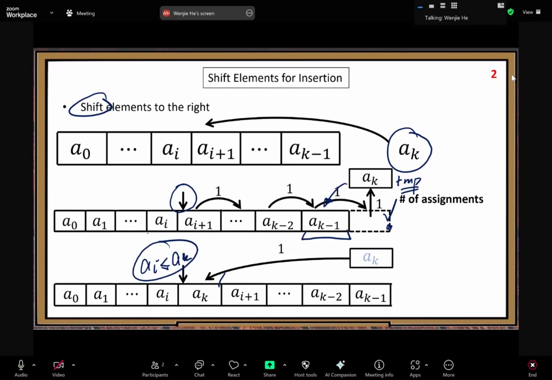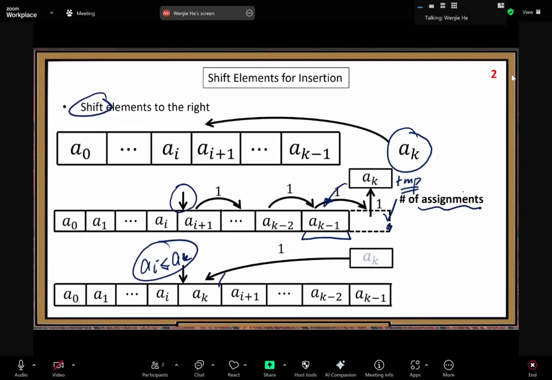Visually, that's the shift operation, but the underlying operation is the assignment. You assign one element from its current location to a different location. It is basically an assignment operation.